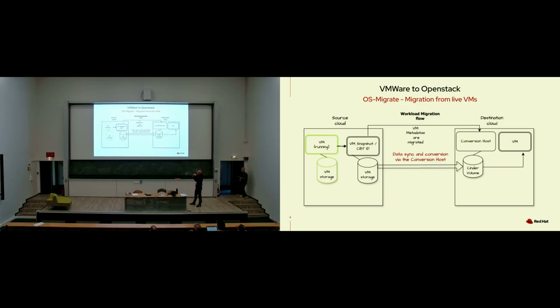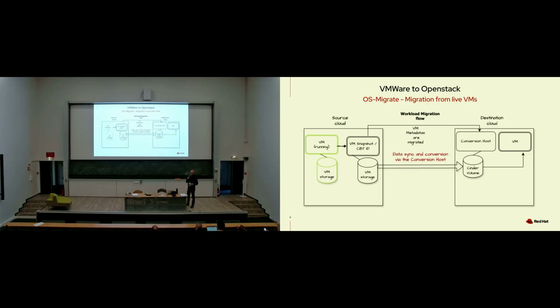So we are able to run the migration from a live virtual machine. We are migrating from a snapshot, actually. And the data are moving via the conversion host to Cinder volumes, and then we are spawning the virtual machine from the Cinder volumes. So we are using this great feature from VMware, which is the change block tracking.